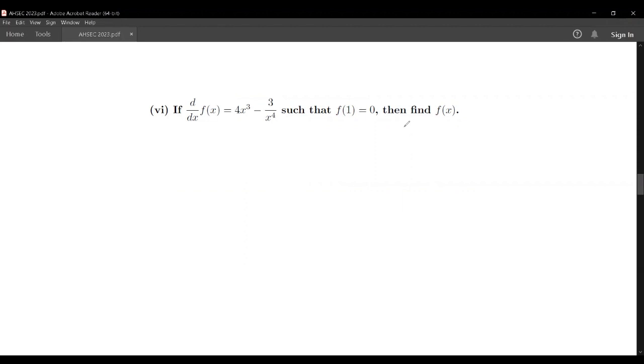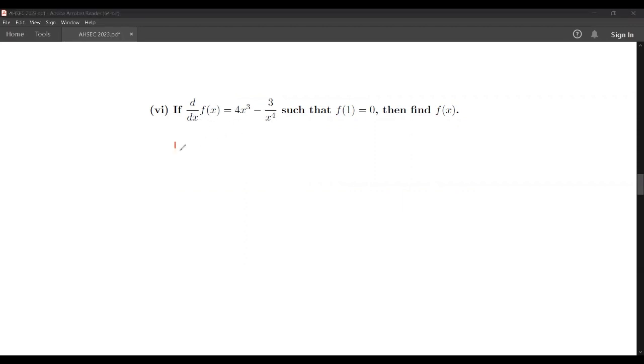So how to solve this? What you do, you just integrate both sides. If you integrate both sides, what will you get? You will get f of x is equal to this one.